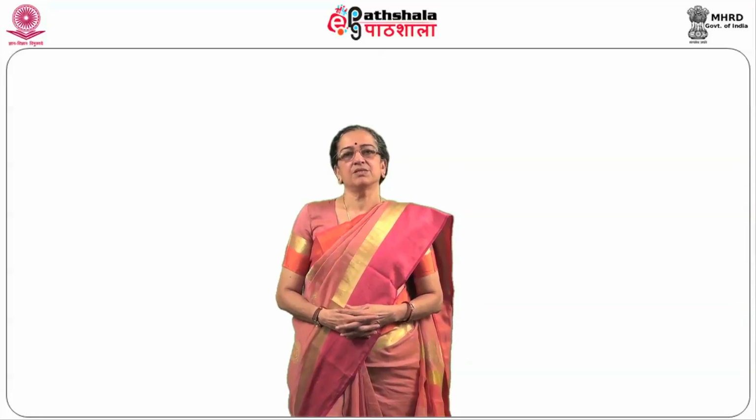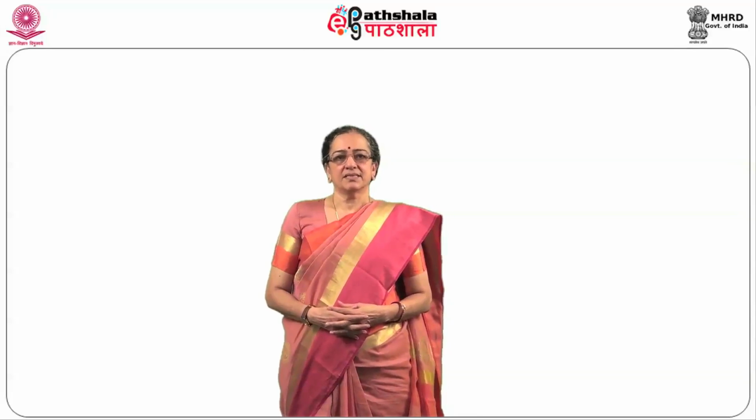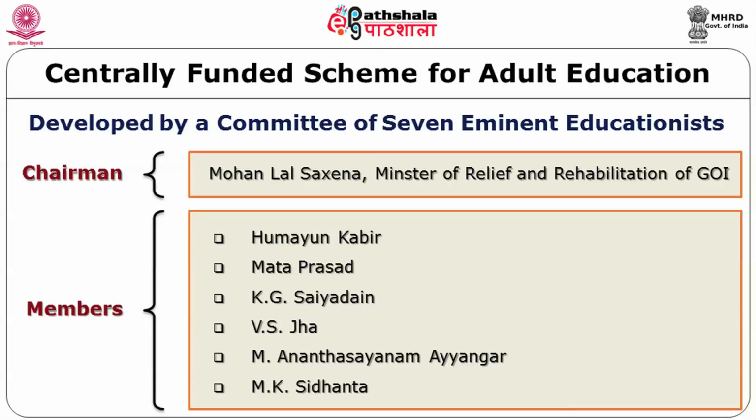The centrally funded scheme of adult education was prepared by a team of 7 very eminent educationists under the chairmanship of Sri Mohanlal Saxena, who was then the Minister of Relief and Rehabilitation under Government of India. The other members were Humayun Kabir, Mata Prasad, K.G. Sayyadain, V.S. Jha, M. Anantashayanam Iyengar, and M.K. Siddhanta.